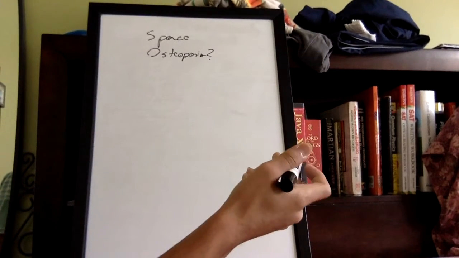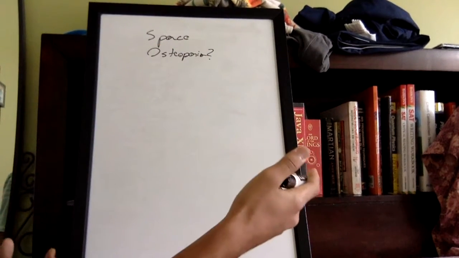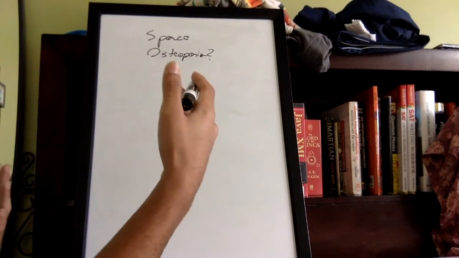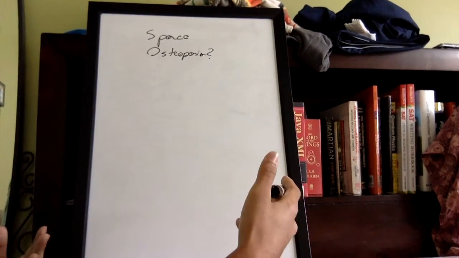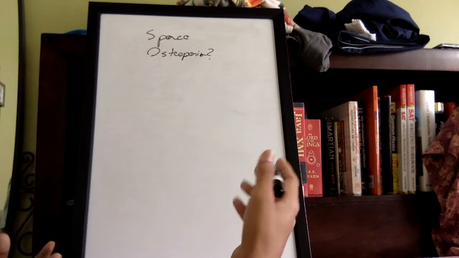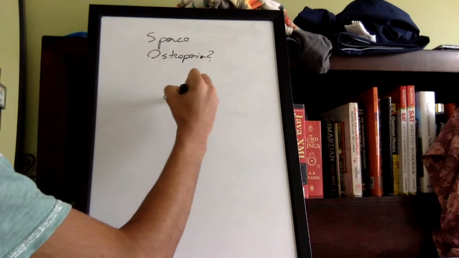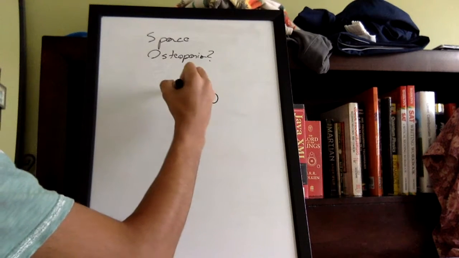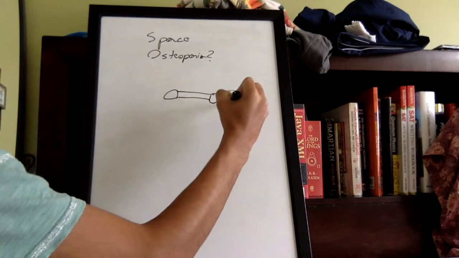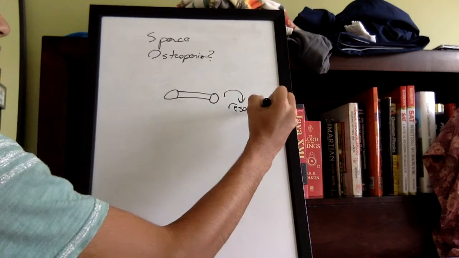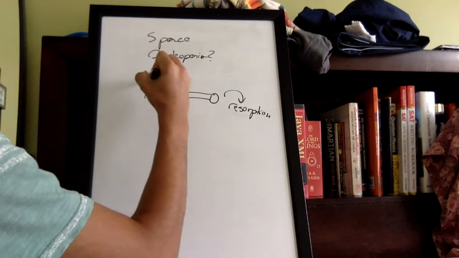More specifically, bone formation and resorption are how the bone gains and loses calcium, or mass in general. Bone resorption is when it loses mass, and bone formation is when it gains mass.